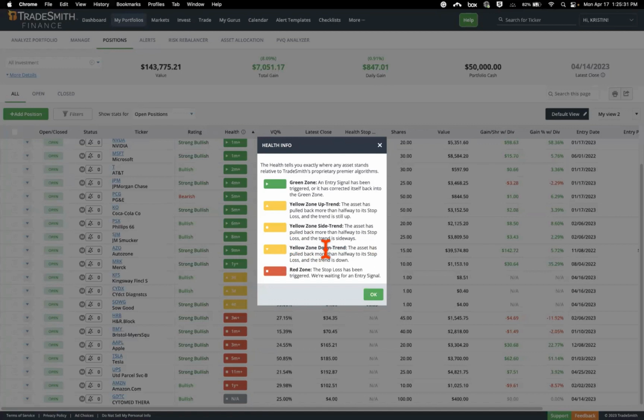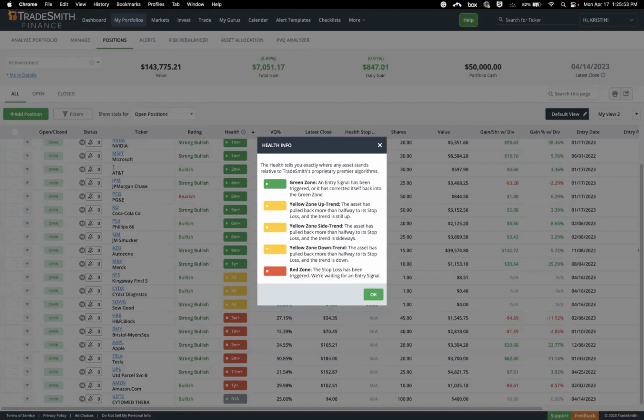All right, and then the yellow zone, since we have those 3 different sub-levels, there is math behind the yellow zone. I did include it in your script of how we calculate the yellow zone. So it's pretty interesting. So check that out. It's just the math behind the yellow zone.